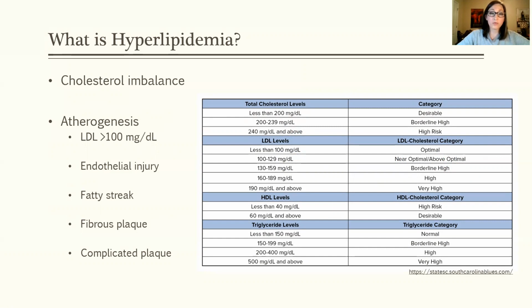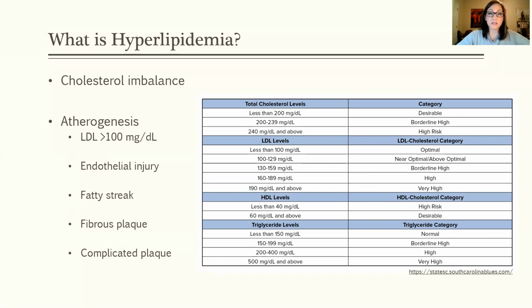When your low density lipoprotein exceeds 100 milligrams per deciliter, they move through the arterial walls and embed within the lumen of the artery. The LDLs oxidize and are engulfed by macrophages, forming plaques known as fatty streaks.